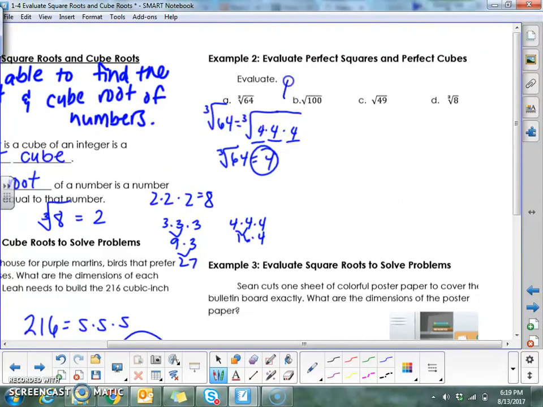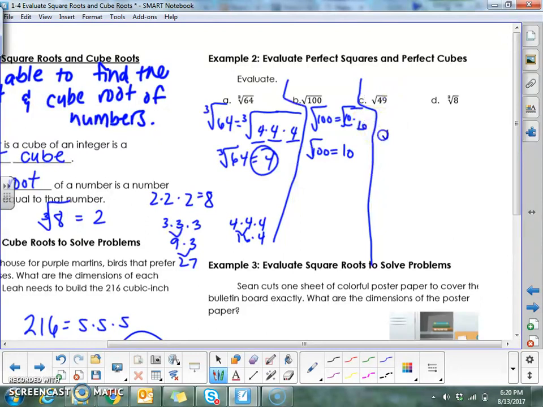The square root of 100, when you're doing square roots, you're looking for what number times itself 2 times is going to give you that number, and this should be one that you already have memorized by now. So the square root of 100 is equal to 10, because 10 times 10 is going to give me 100.